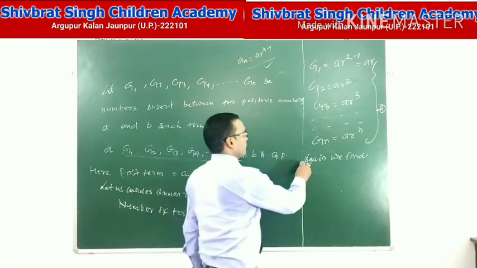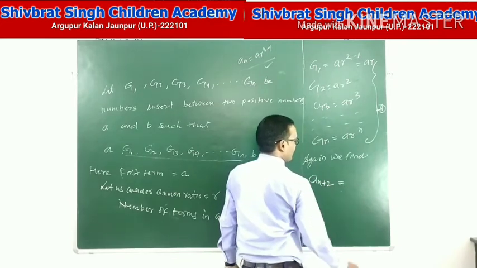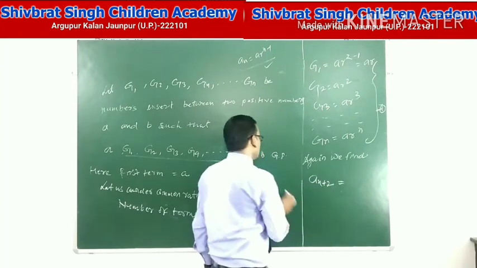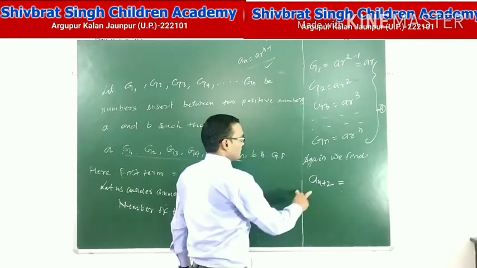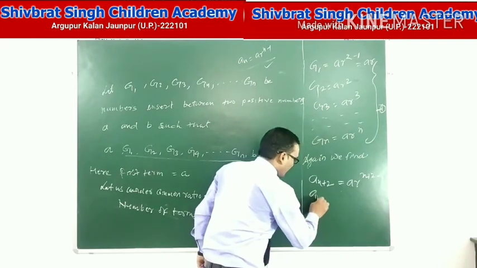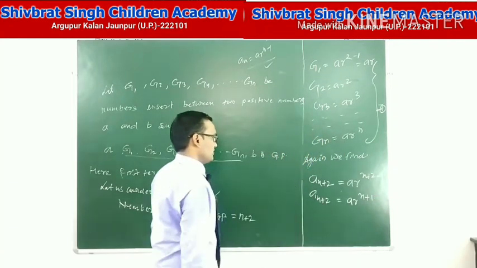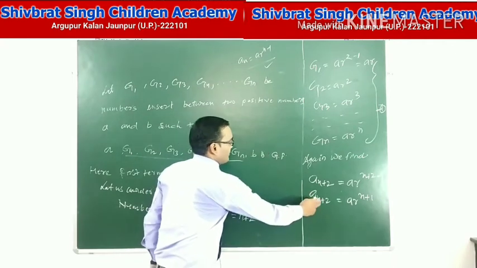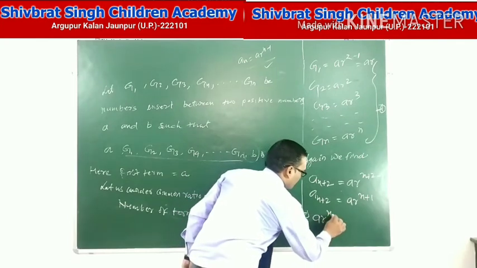Again, we find the value of the last term, an plus 2. an plus 2 equal to the last term, that means the n plus 2 term of this GP is b. By the formula, ar to the power n plus 2 minus 1, an plus 2 equal to ar to the power n plus 1. Here the an plus 2 term is b. Now this implies that ar to the power n plus 1 equal to b.